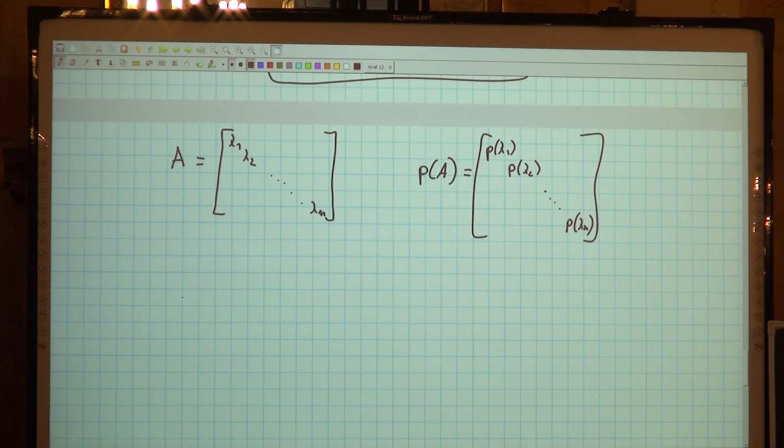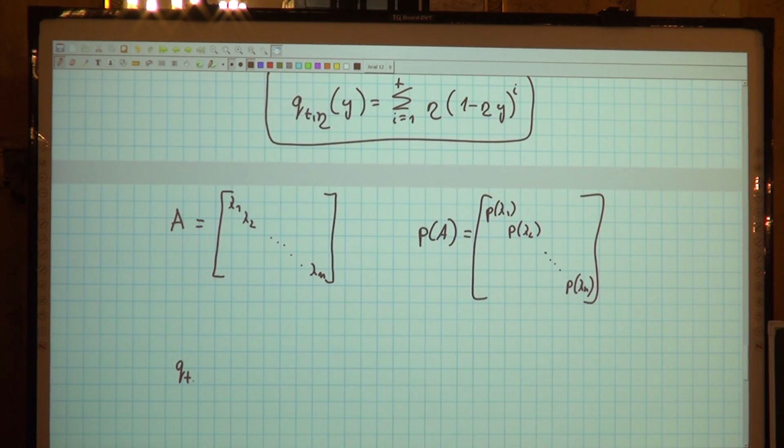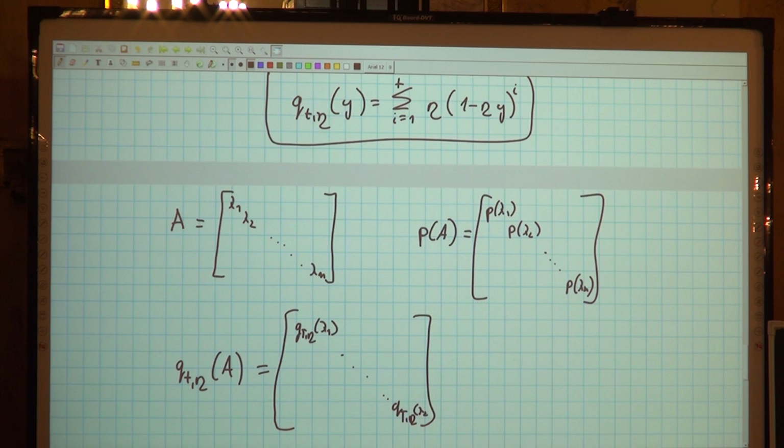We know our solution x. If I apply this polynomial q_t,eta to my matrix A, I get a matrix in which each diagonal entry is q_t,eta of lambda 1, up to q_t,eta of lambda n.